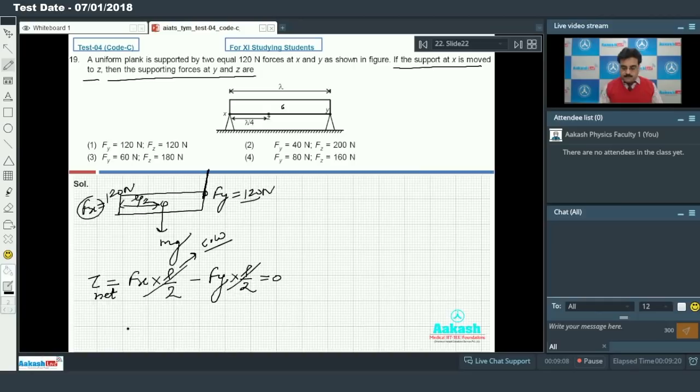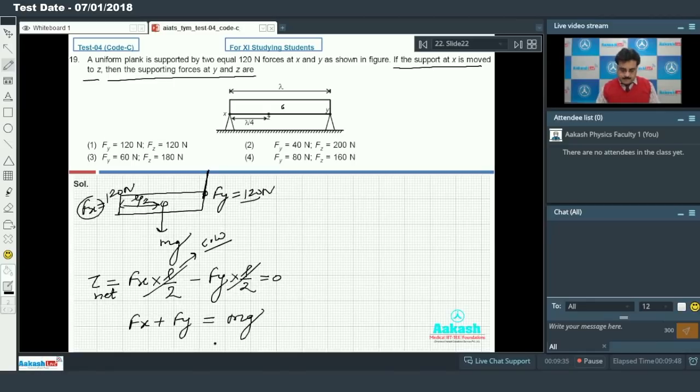So in this situation we can write Fx plus Fy minus the weight, or the net force along the y-axis. Fx and Fy act along the positive y-axis, and mg will act in the negative y-axis. If I use sigma F equals ma, and there is no acceleration, so acceleration will be 0, sigma F along y will be 0.